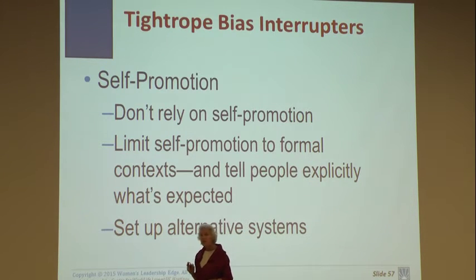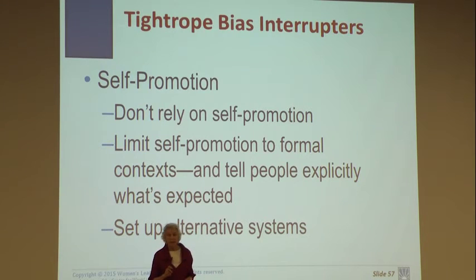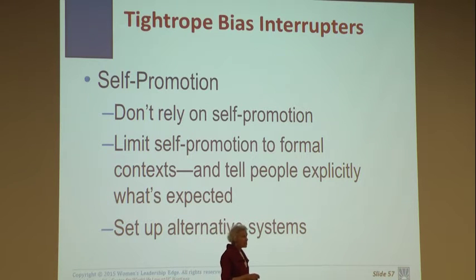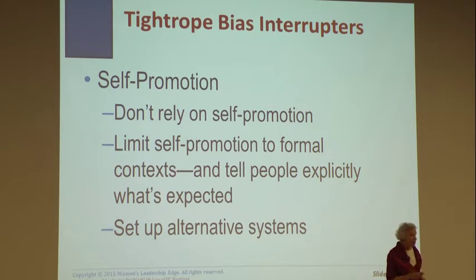The other is to limit self-promotion to formal contexts and tell people explicitly what's expected. For example, if you have a self-evaluation, you need to tell people specifically what the task is. Otherwise, the tone will be different from one group of self-evaluations as compared to another, and that will differ depending on demography. You can also set up alternative systems for self-promotion.